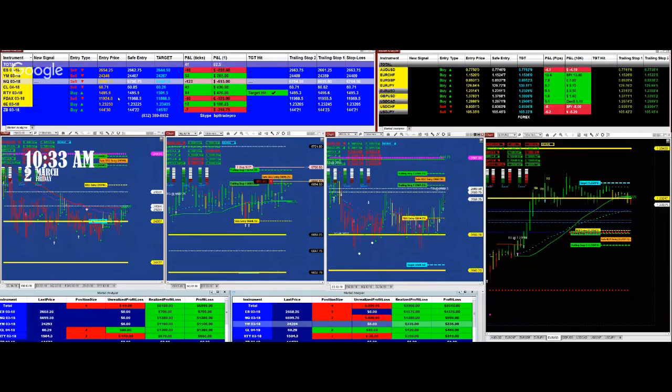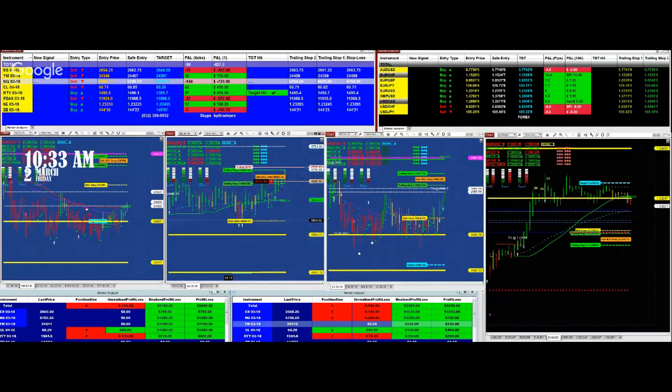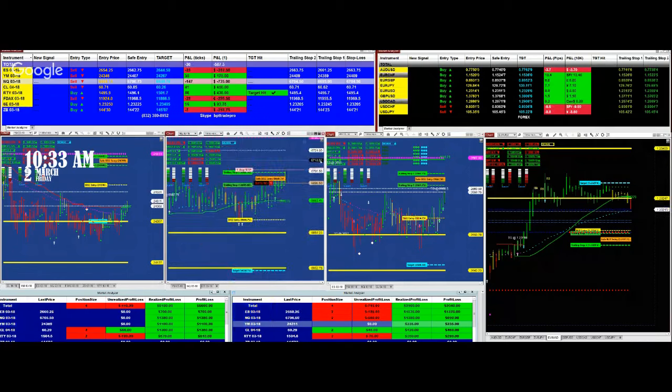Most of the time when the market is on the pullback, I cannot say 100%, but this is around 7 out of 10. The pullbacks usually are really good.